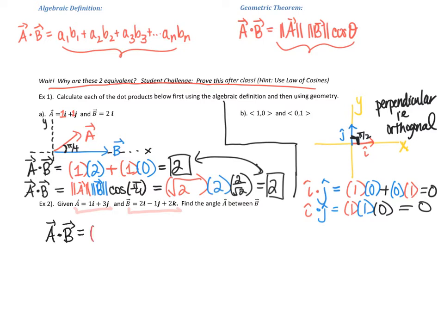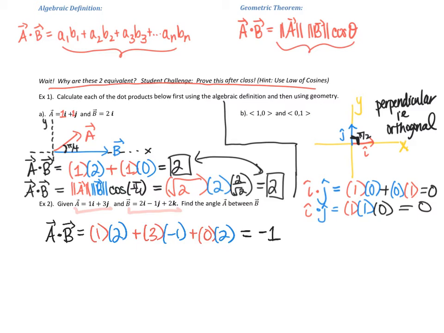So I'm going to do components. So 1 times 2 plus 3 times negative 1 plus, and then 0 times 2. So the dot product I am getting here is negative 1.